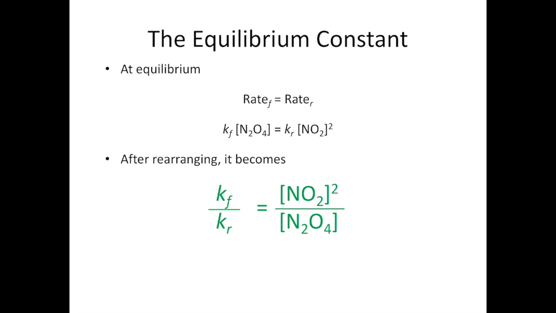Okay, so at equilibrium, my rates are equal, meaning my rate laws are equal. We will rearrange it. Here's your product, with this little 2 up here. Here's your reactant. And your k's are here.